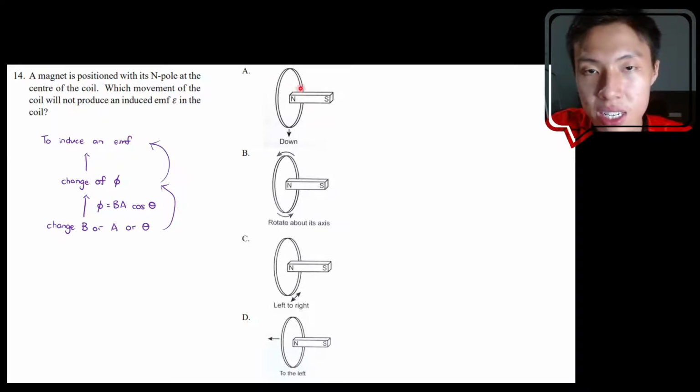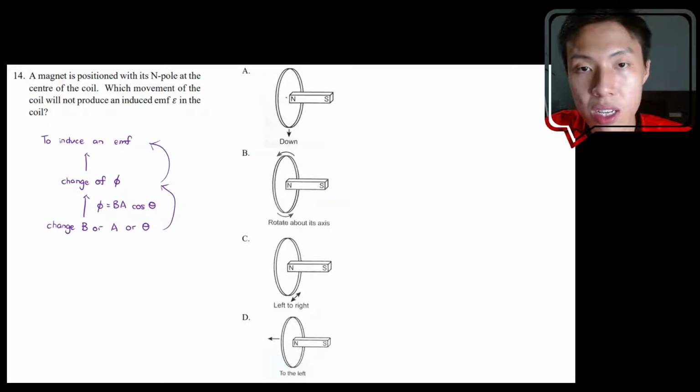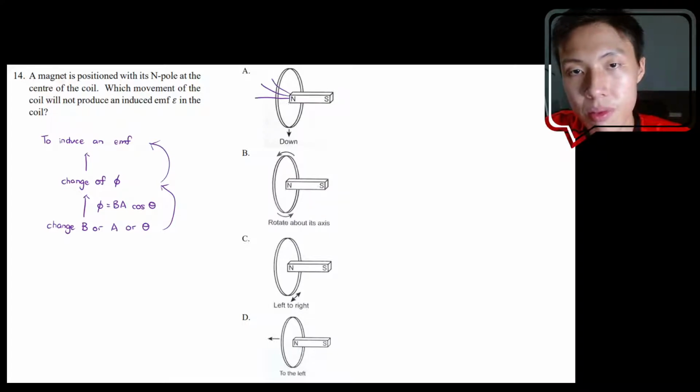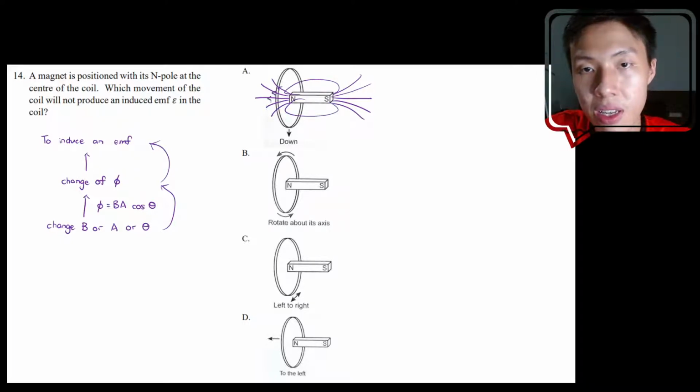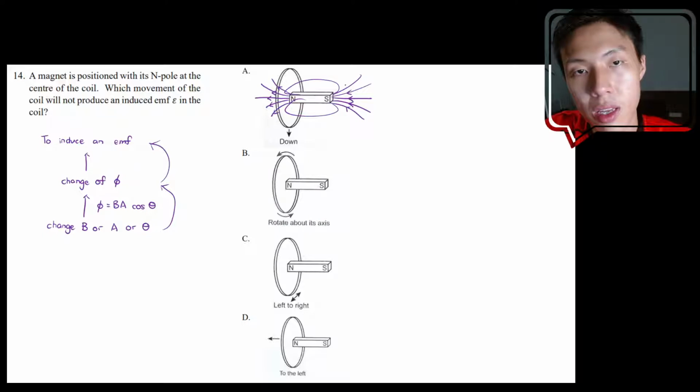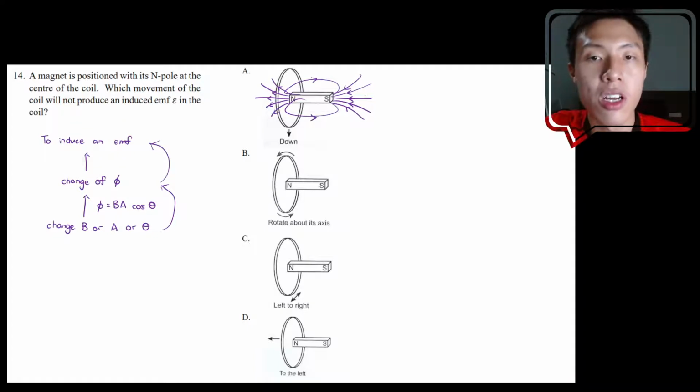So we can see here, this is the bar magnet. If we try to draw the magnetic field lines for this bar magnet, it will be something like this. Apologize for the poor drawing. When you pull your coil downwards, that means you're pulling it away from the bar magnet.